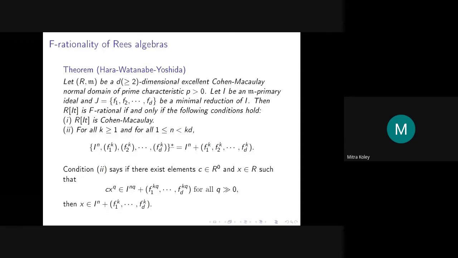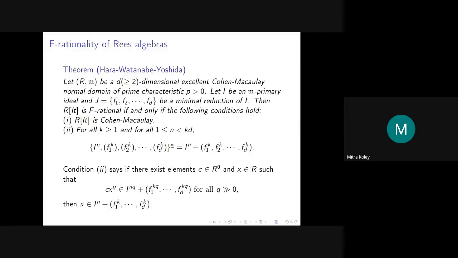Then the first condition is something one can hope for: if it is F-rational, then it has to be Cohen-Macaulay, and to prove something F-rational, one could assume that it's Cohen-Macaulay. But how does this condition come about?